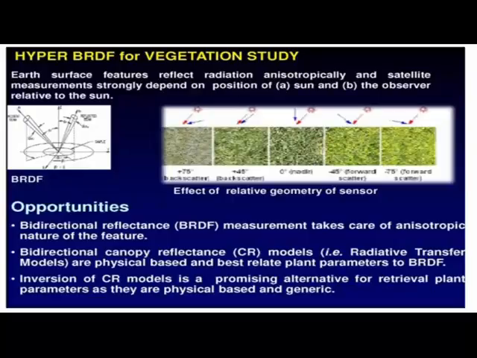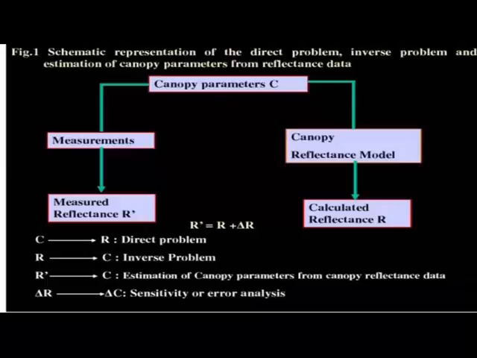For example, canopy parameters, maybe so many parameters, chlorophyll or water content or leaf area index. Then you have a ready to transfer model. As I told you, having those parameters, I can model how much radiation I am going to receive. So if I use those reflectance models, I am able to simulate my reflectance. That is nothing but the calculated reflectance R. So having this ready to transfer model, I am able to simulate.